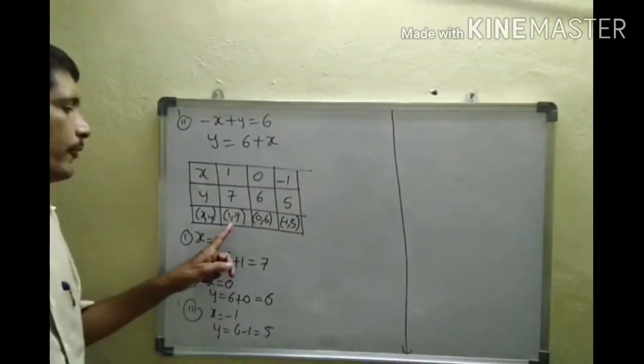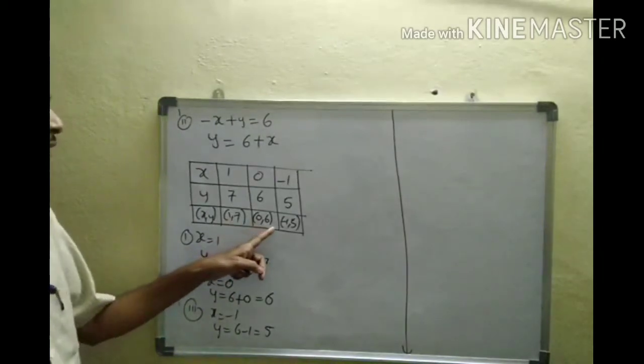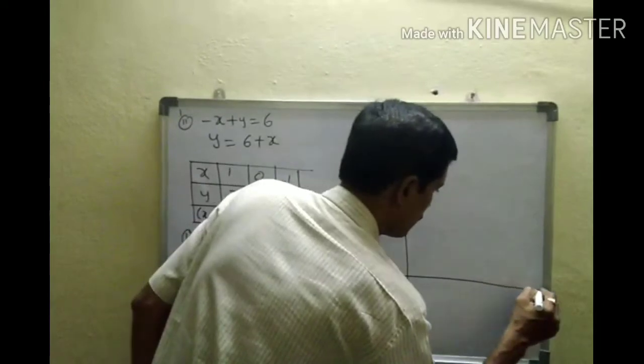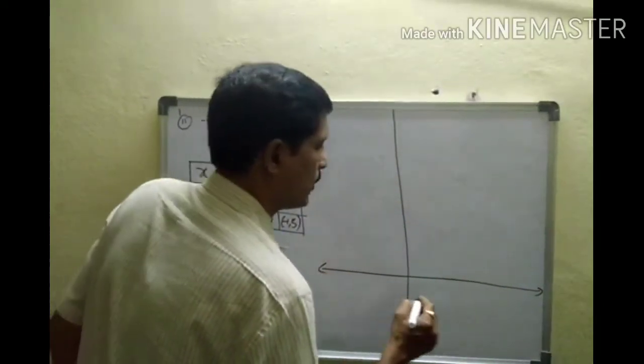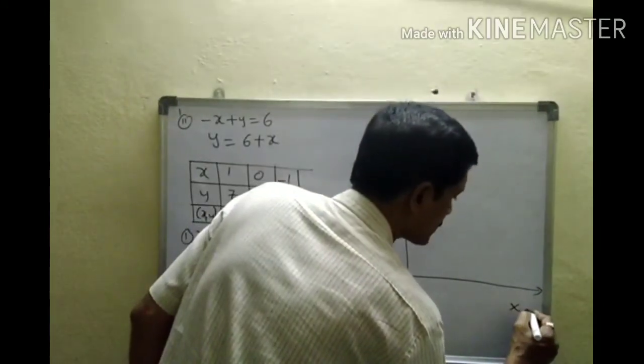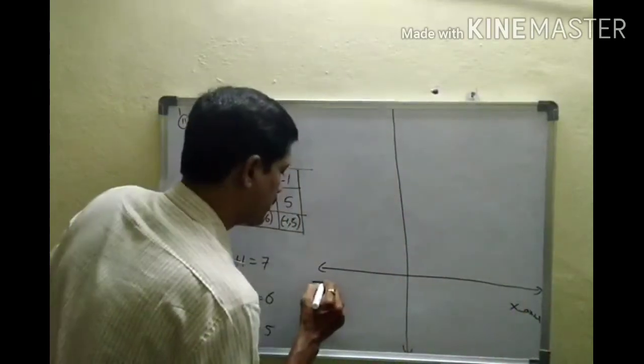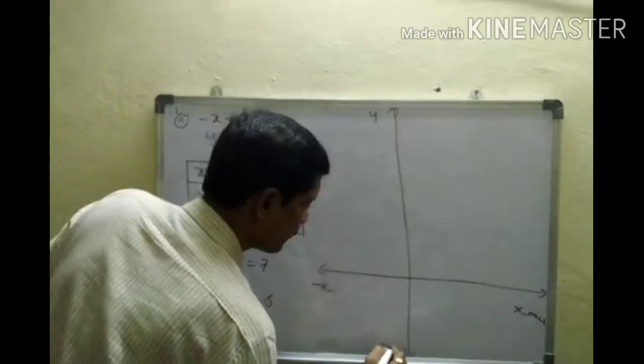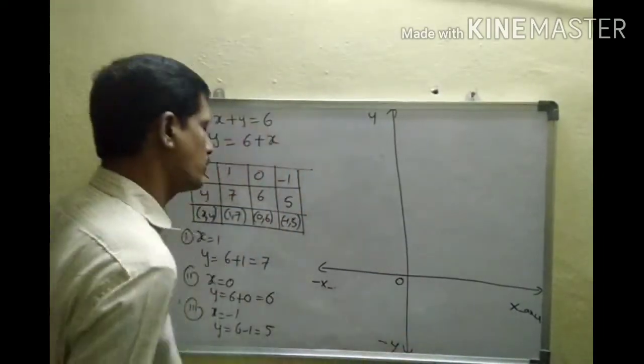Here, see, here y value is 7 is there, 6 is there. Here, horizontal line is x axis. Here, negative x axis. Here, y axis. Negative y axis. That is 0.